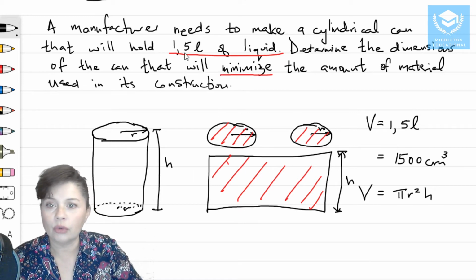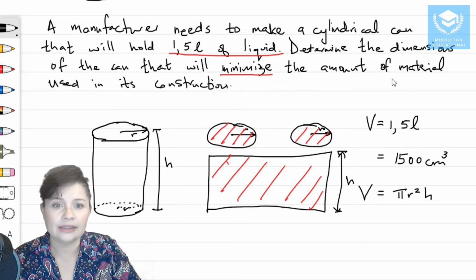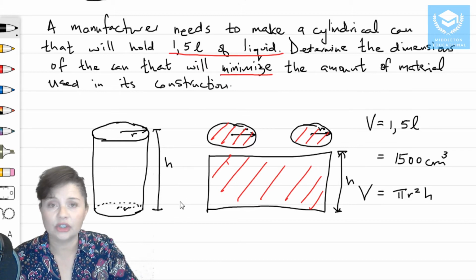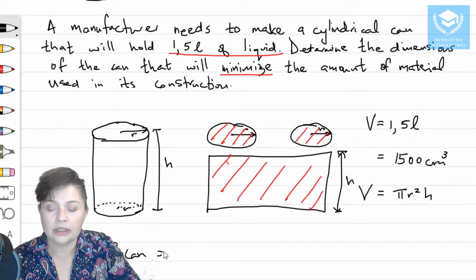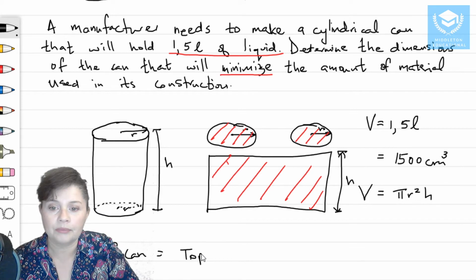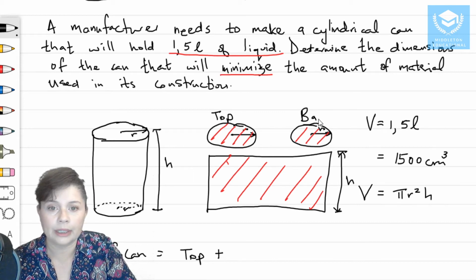We have to look for dimensions that will minimize the amount of material, and as we said, that is going to be area. So the total area of the can is going to be the top, plus the area of your base, plus the walls.